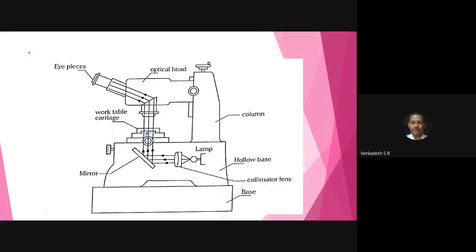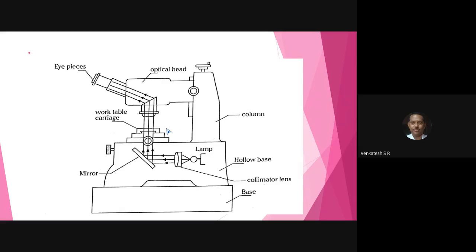Adjust the crosswire to the first edge of the pitch and note down the reading. Then there will be a micrometer on the table. Turn that, the crosswire moves and coincides with the next upper edge. That is the pitch of the thread.